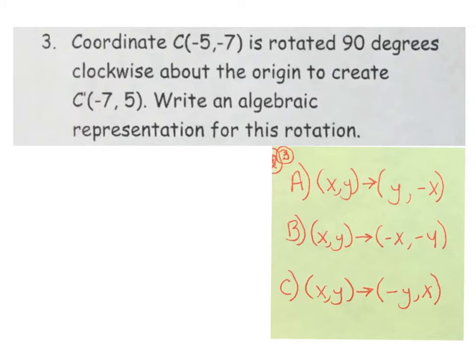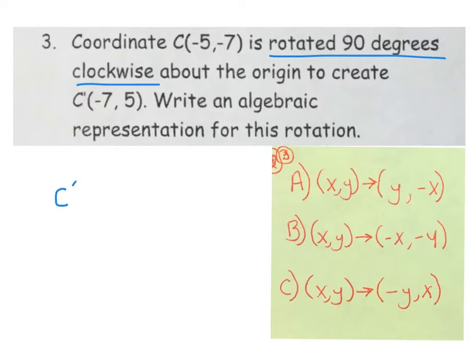All right, number 3. Number 3 says that coordinate C, which is -5, -7, is rotated 90 degrees clockwise about the origin to create C prime, which is -7, 5. Write an algebraic representation for this rotation. What might help you is if you write it out.